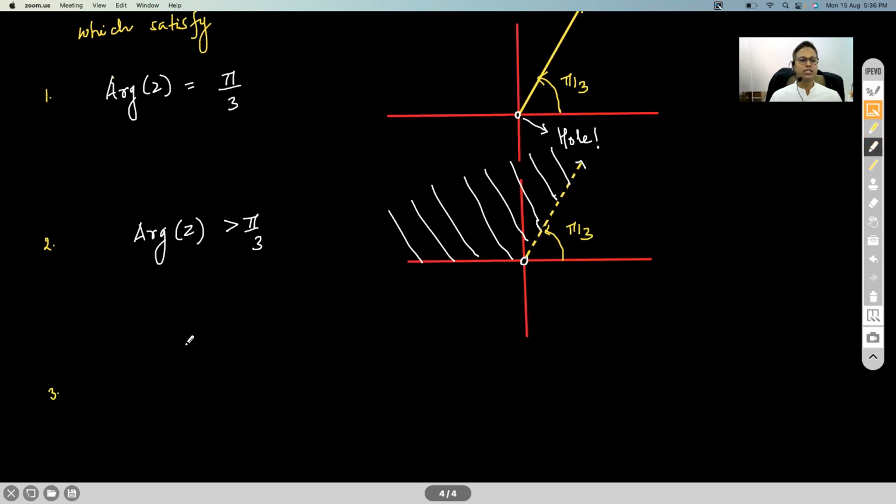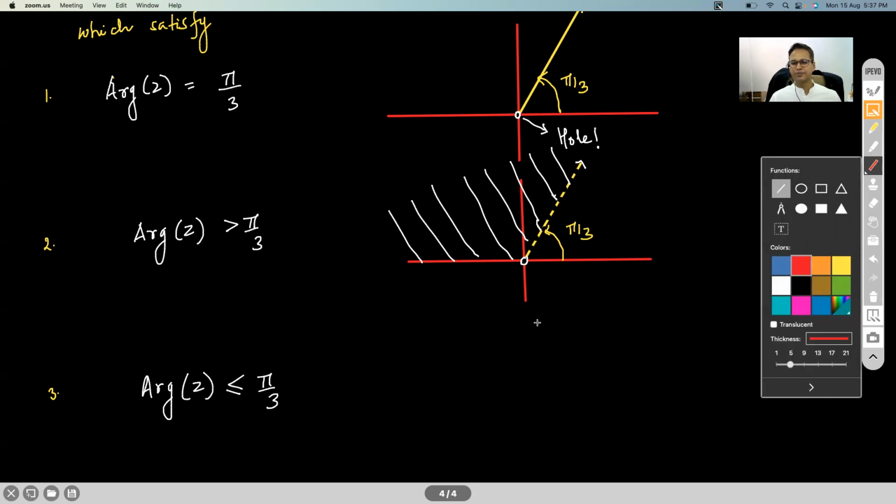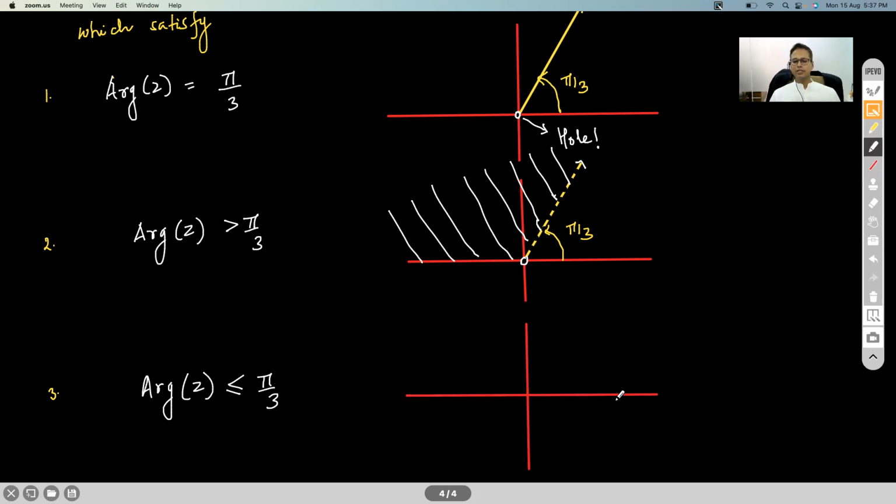Okay. Show this on the Argand plane. Argument of z is less than or equal to pi by 3. Please make this on the Argand plane, everybody, and let me know with a done once you're done with it.